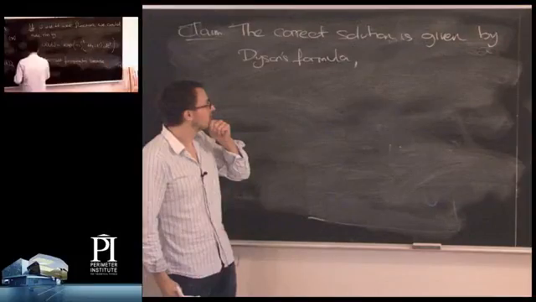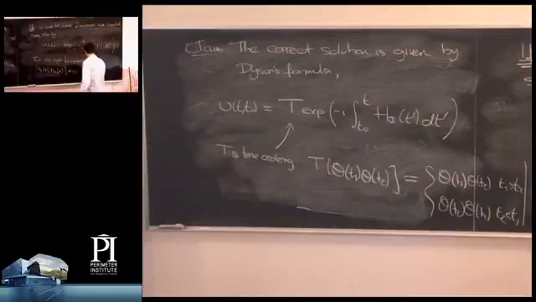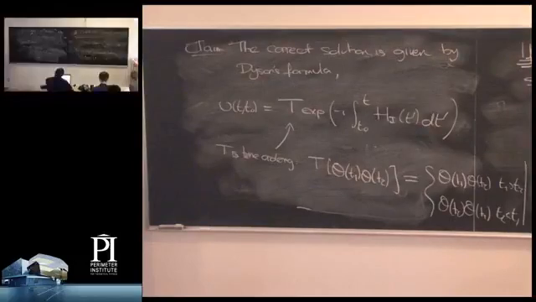Because it's typically not equal to 0 when t is not equal to t prime. Yeah, that's important.